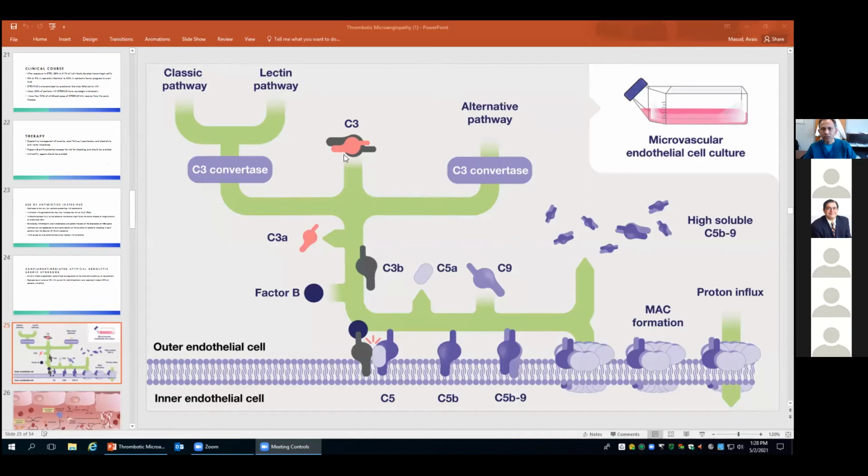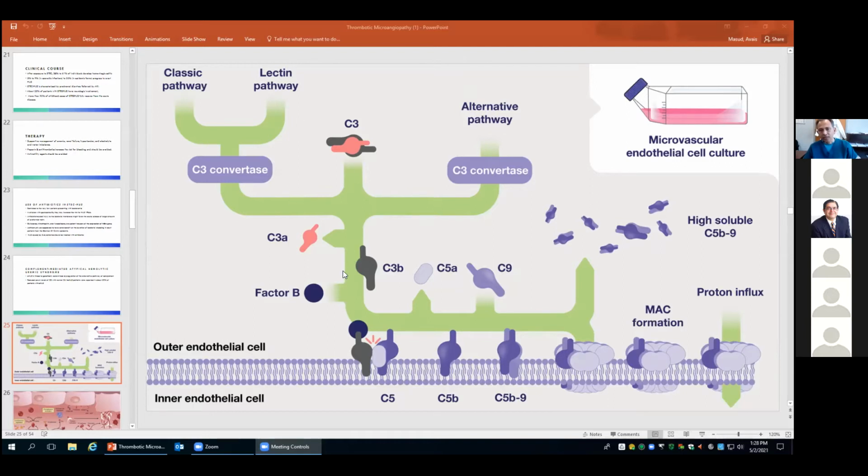All lead to C3 activation, then factor B combines with it, and that combination activates the C3 convertase, which activates C5, starting another cascade that leads to C5b, then C5b through 9, the membrane attack complex. That eventually affects different organs.